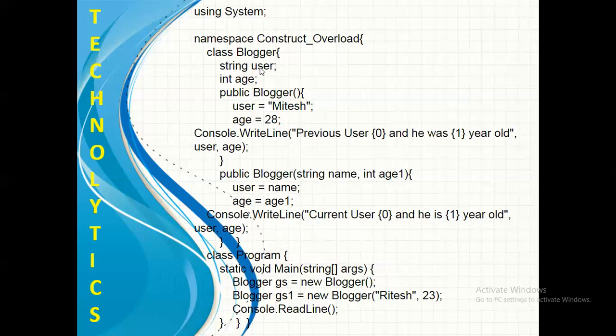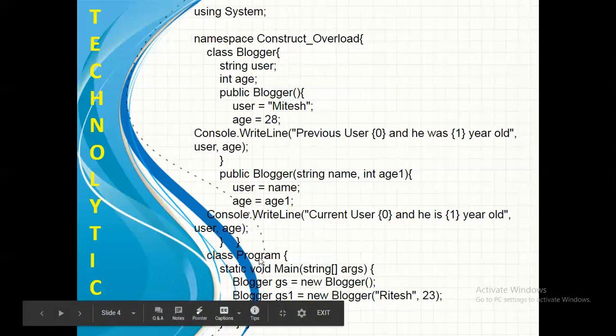That is, the class member variable user is equal to name, which we are passing in this constructor, and age equal to age1. So here we have initialized it in this particular constructor having two different parameters. And again, we are displaying these values using this Console.WriteLine.